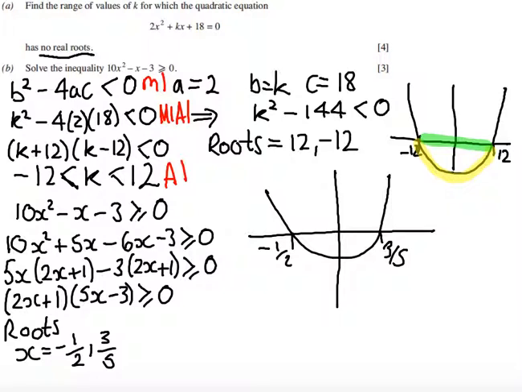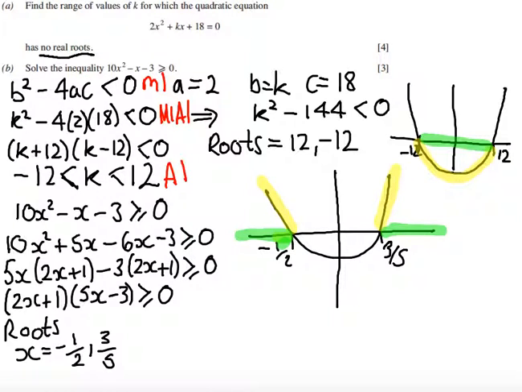Now what I've got to pay attention to is I want the part of the graph which is above the x-axis. So I'm looking at this part of the graph here, that is above the x-axis, and I'm looking at this part of the graph here, that is above the x-axis. Now the x values that generate that part of the curve are to the left of -1/2, so less than -1/2, and to the right of 3/5.